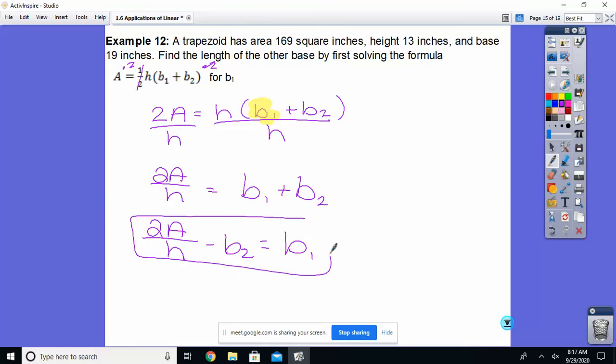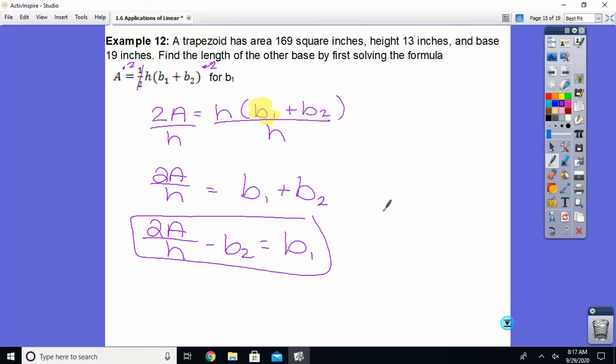Okay, that is the first thing I asked. Solve this equation for b sub 1, and we did. The second thing I asked was to actually find it, so we're going to use all these numbers that I gave us. So the area is 169.